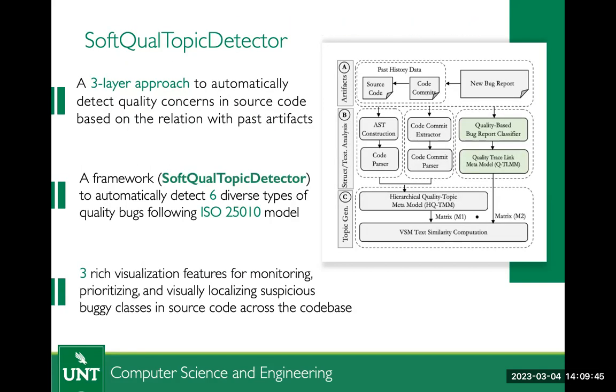Now, looking specifically at each component, our approach consists of three layers: the artifact layer, the structural and textual analysis, and topic generation. The first is the inputs, and the second is where we perform the processing of code and commits. First we construct the AST and the code parser for the source code.